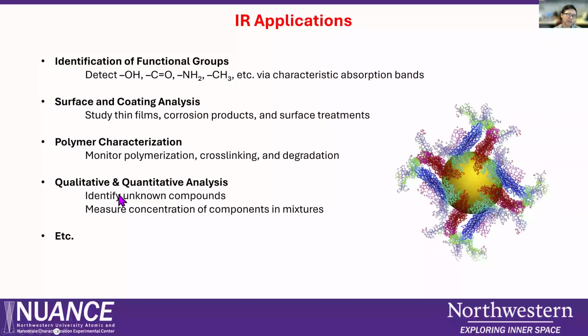For polymer characterization, they can look at cross-linking and degradation. And for qualitative and quantitative analysis, they can identify an unknown compound and measure the concentration of a compound in a mixture.